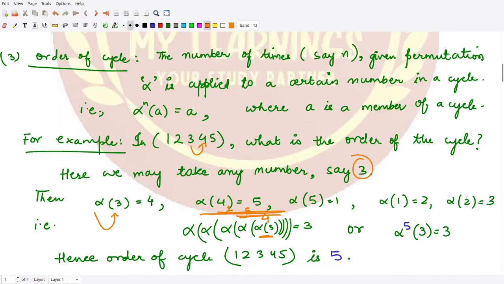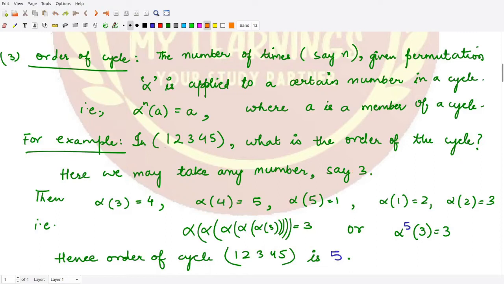And alpha of 2 is 3. So we get back 3. We started with the number 3 and got back 3. How many alphas did we have to apply? 1 2 3 4 5. So we can write alpha to the power 5 of 3 is equal to 3. Therefore, in this case, 5 represents the order of the cycle.